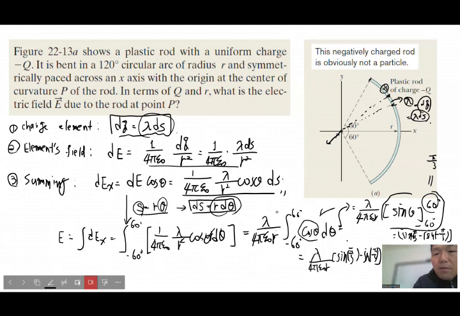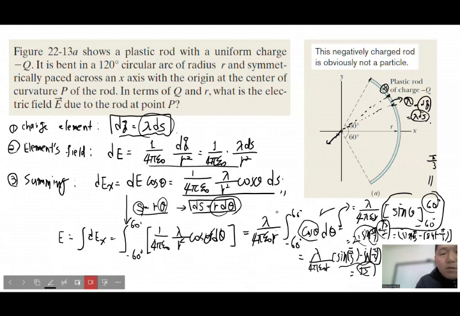That is the same as 2 times sine pi over 3, and sine pi over 3 is square root 3 over 2, so this is just the square root of 3.